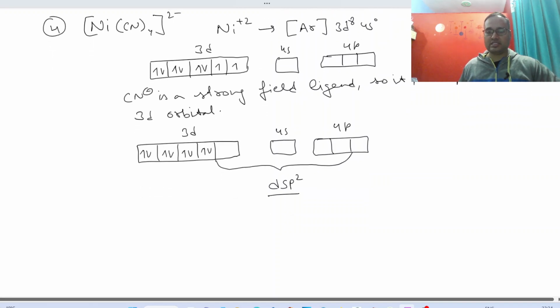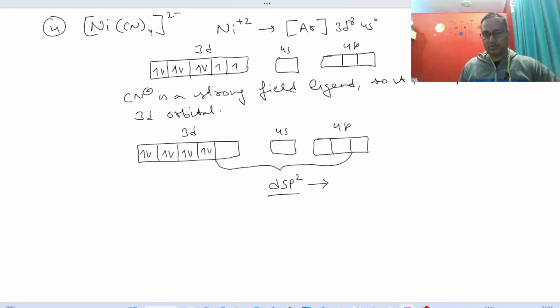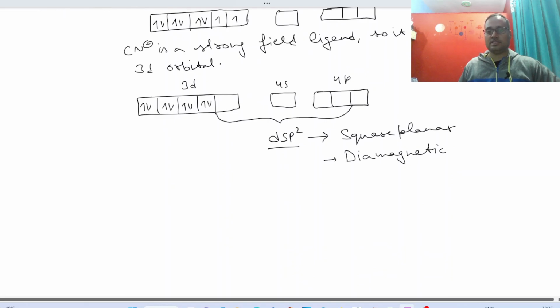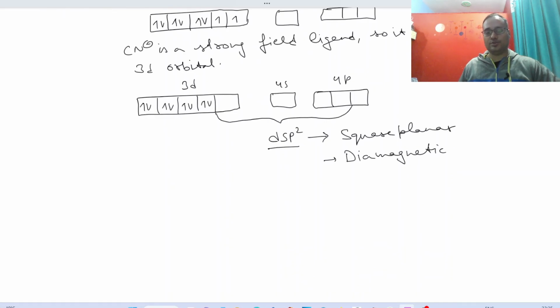When d orbital is involved in hybridization along with sp2, the complex formed would be square planar. Okay, as we do not have any unpaired electron, it would be diamagnetic. Okay, square planar, diamagnetic, and the hybridization will be dsp2.